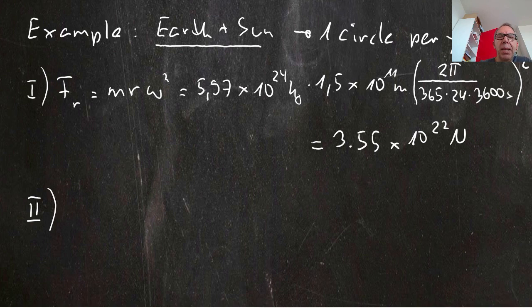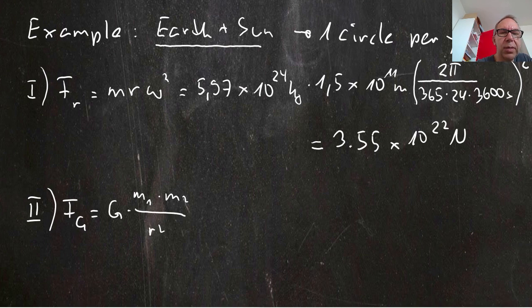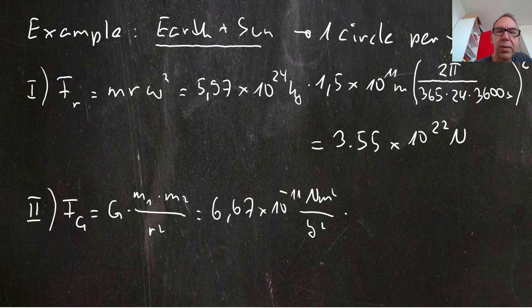We have been looking at it quite quickly, and we will go through it in more detail in a later lesson. But the gravitational force is given as the constant G times mass 1 mass 2 over r squared, and we can fill in the numbers: 6.67 times 10 to the minus 11 Newton meter squared per kilogram squared.